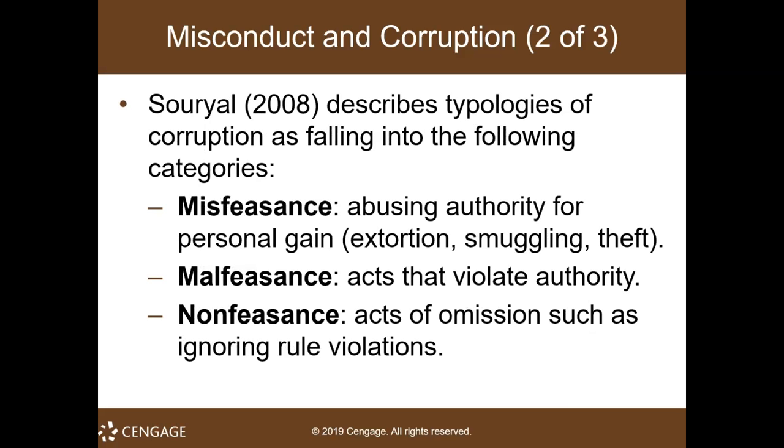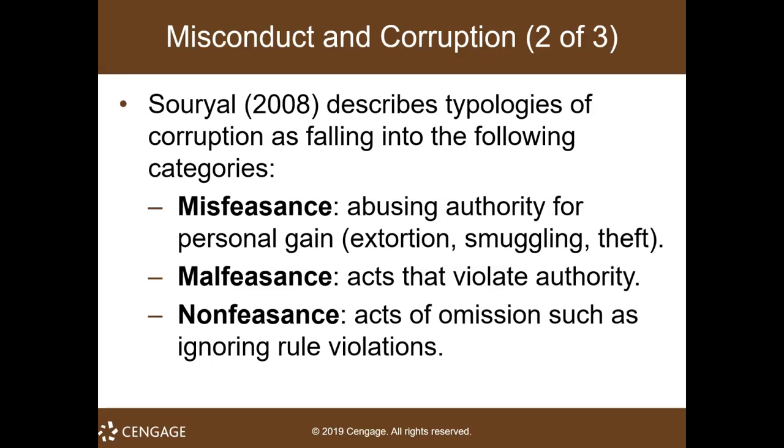And Sorial in 2008 described different typologies of corruption as falling into a couple of different categories. There are 3 definitions or categories, and we'll go into each one a little bit deeper. The first one would be what they call misfeasance, which is abusing authority for personal gain, something like extortion or smuggling or theft.